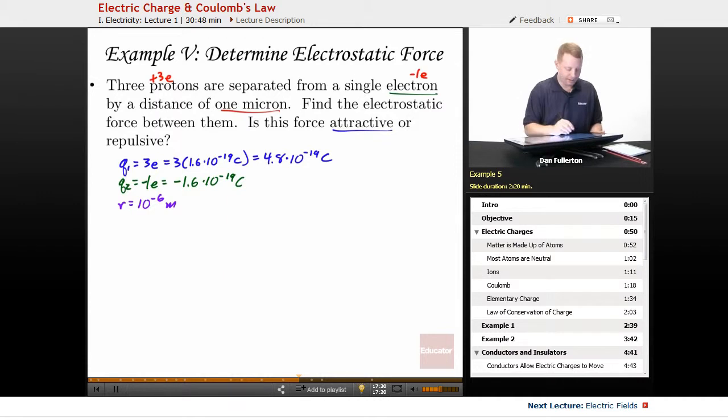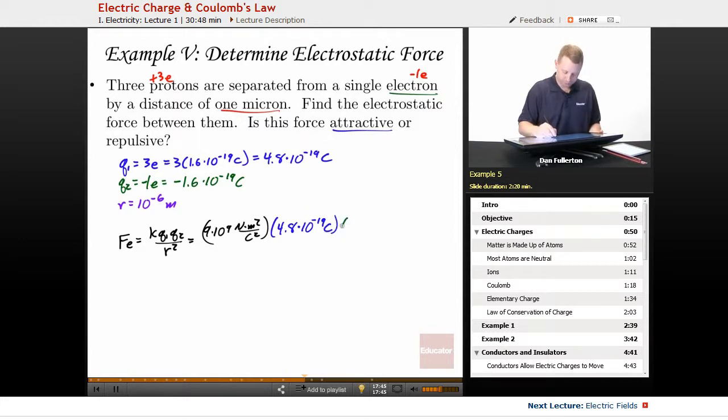Therefore, when we go to find the electrostatic force, that's going to be K, Q1, Q2 over R squared. K is 9 times 10 to the 9th Newton meters squared per Coulomb squared, times Q1, 4.8 times 10 to the minus 19 coulombs, times Q2, negative 1.6 times 10 to the minus 19 coulombs, all divided by the square of the distance between them, which is 10 to the minus 6 meters squared.